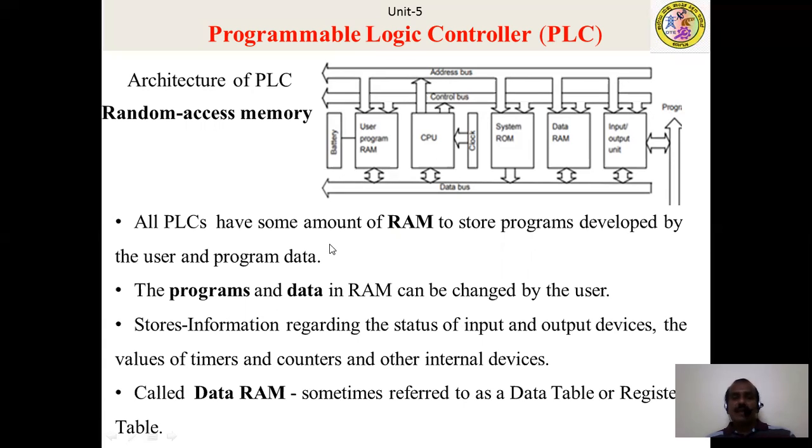All PLCs have some amount of RAM to store programs developed by the user and program data. The programs and data in RAM can be changed by the user. Random access memory stores information regarding the status of input and output devices, the values of timers, counters and other internal devices.